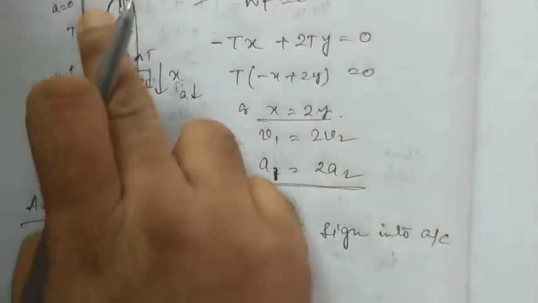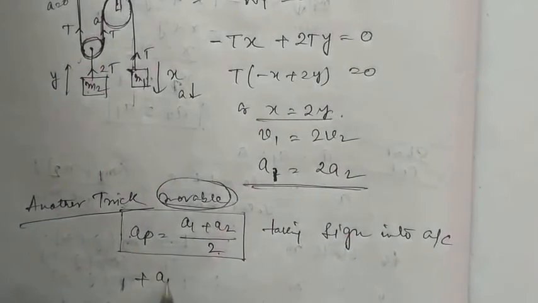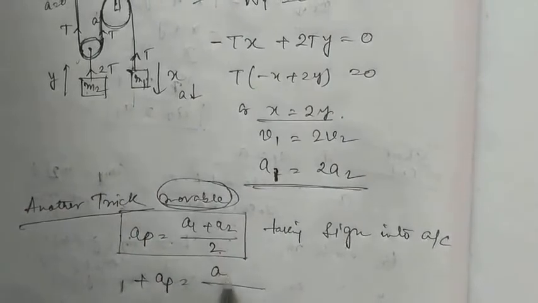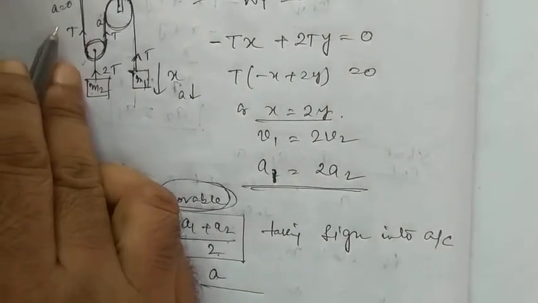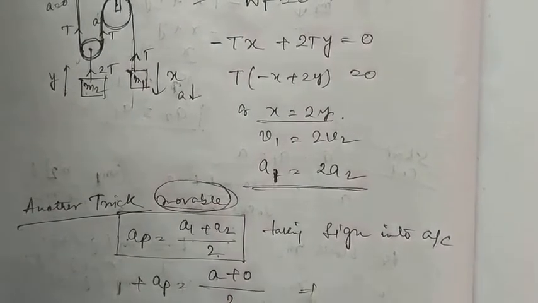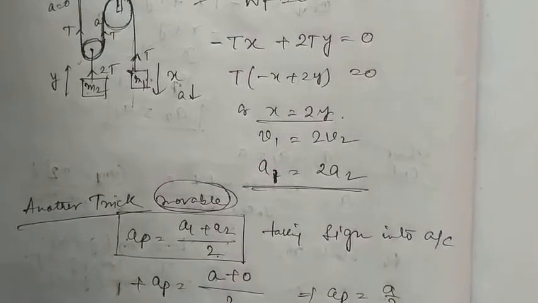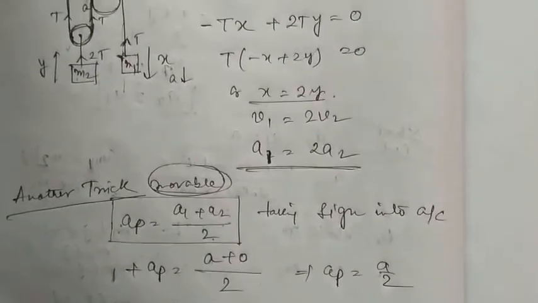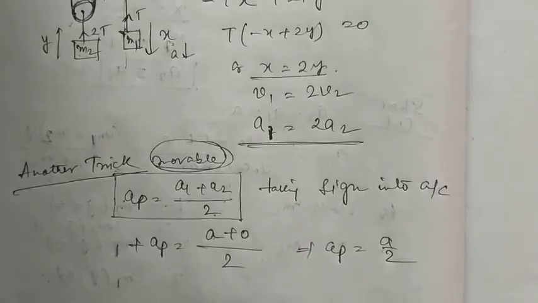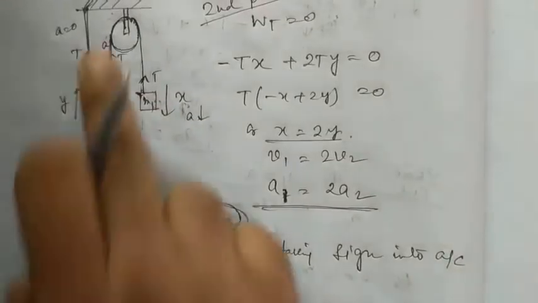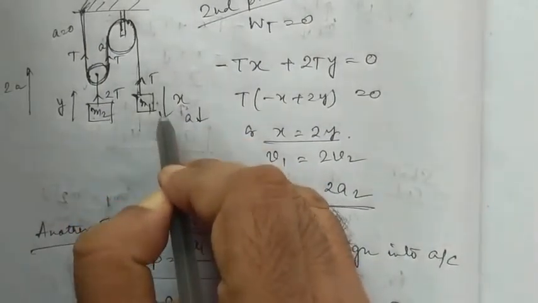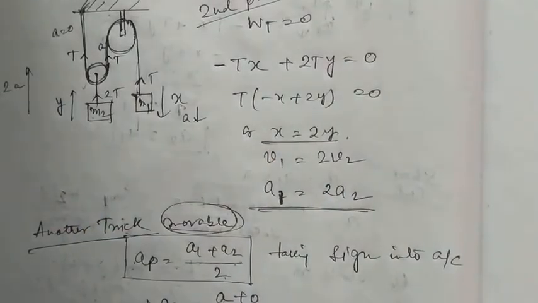This movable pulley moves upwards, so it is plus AP. This part of the rope moves upwards with an acceleration a, so a1 is equal to plus a, and this part is 0, so AP is equal to a by 2. So if we take the acceleration of the pulley upwards to be a, we can write the acceleration of the mass m1 downwards as 2a.